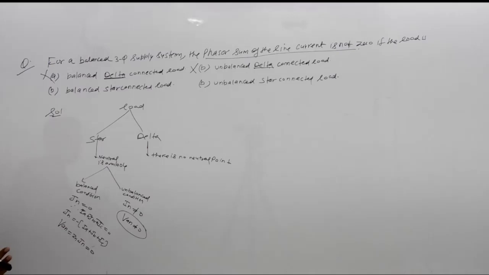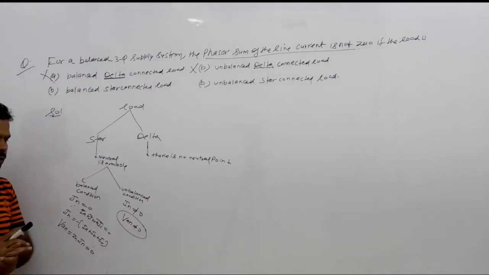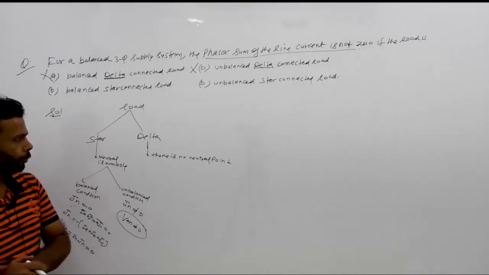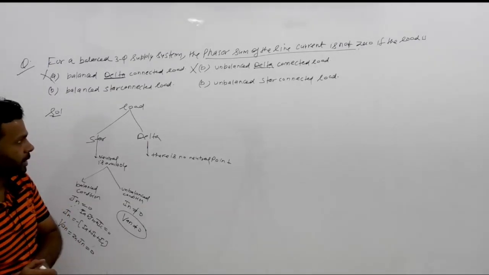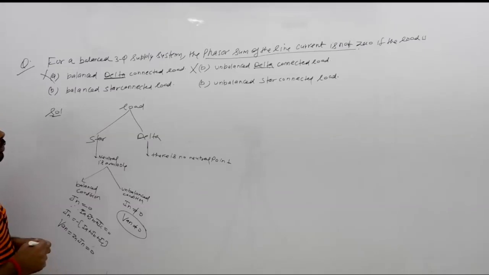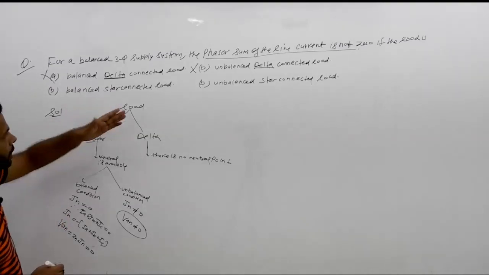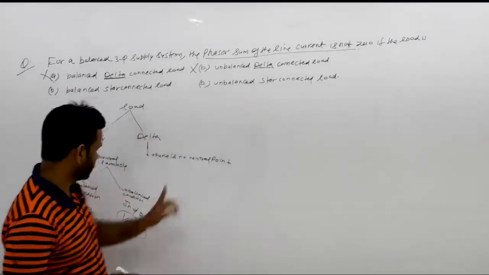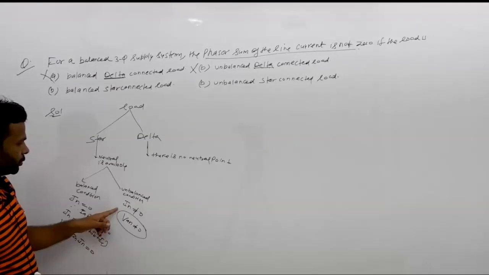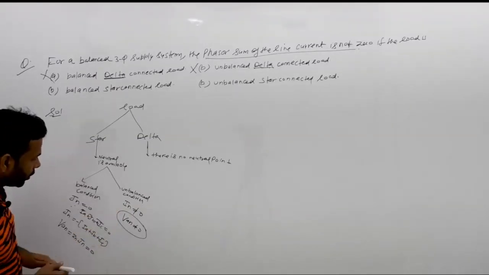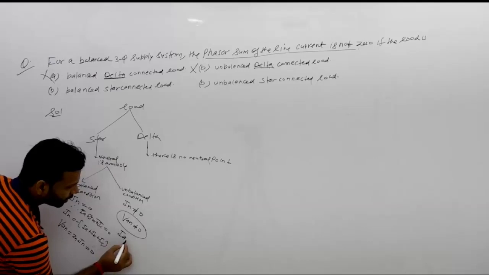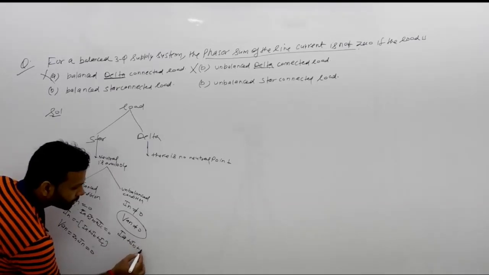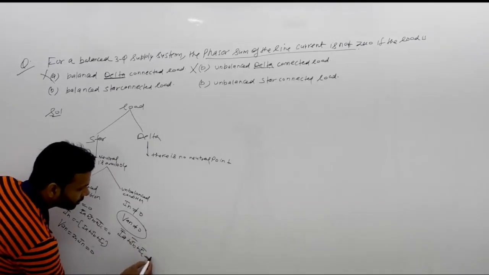Okay, and one more thing, neutral current does not depend upon the phase sequence. Your neutral current is independent of phase sequence. ठीक है यहाँ तक। सो चेक करते हैं हमारा कौन सा ऑप्शन सही है। सो फॉर अनबैलेंस्ड स्टार कनेक्टेड लोड, दिस न्यूट्रल करंट इज नॉट जीरो। ओके, एंड न्यूट्रल करंट इज नॉट जीरो, देन दैट मींस व्हाट, IA plus IB plus IC, the phasor sum of current is not zero.